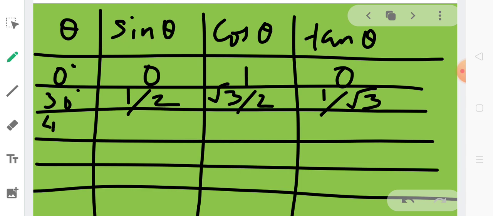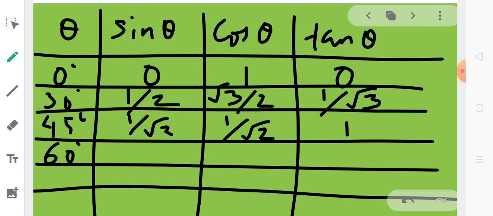For 45 degree, sin theta is 1 upon root 2, cos theta is 1 by root 2, and tan theta is 1. For 60 degree, sin theta is root 3 by 2, cos theta is half, tan theta is root 3.